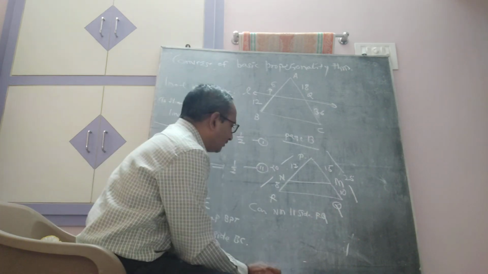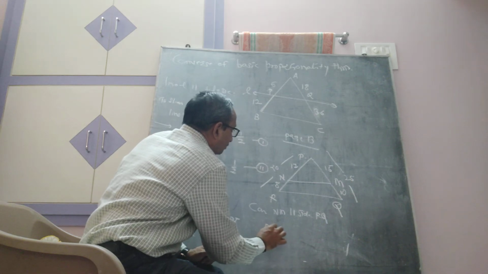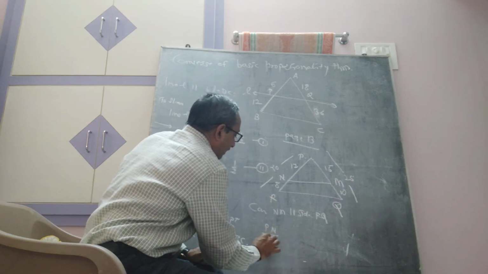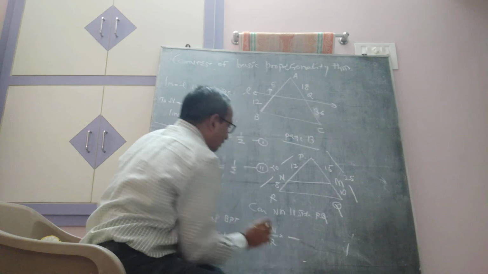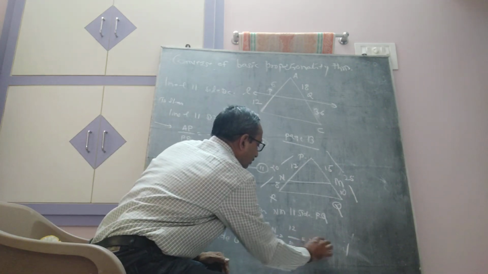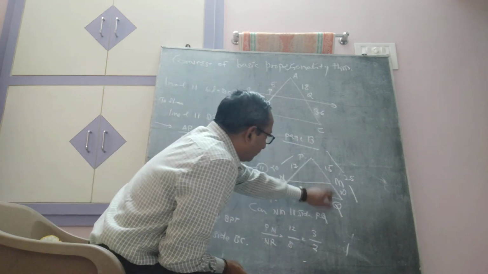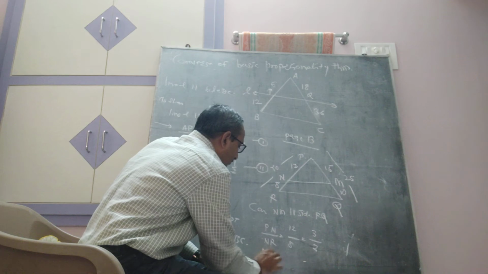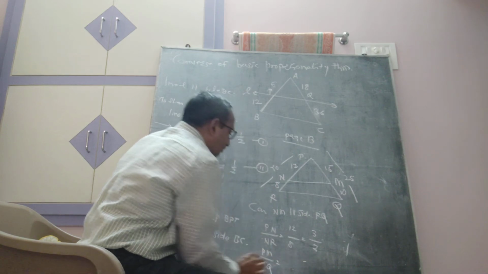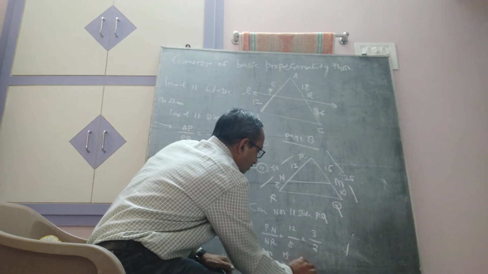So if you take the ratio PN divided by NR, it is equal to 12 by 8, which is 3 by 2. Now PM by MQ is equal to 15 by 10, which is equal to 3 by 2.